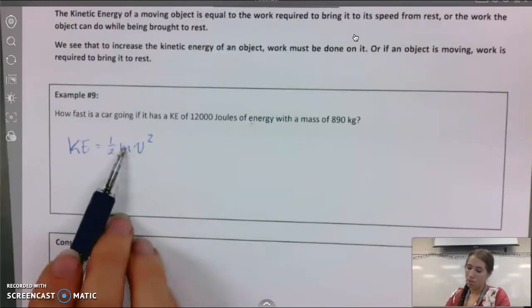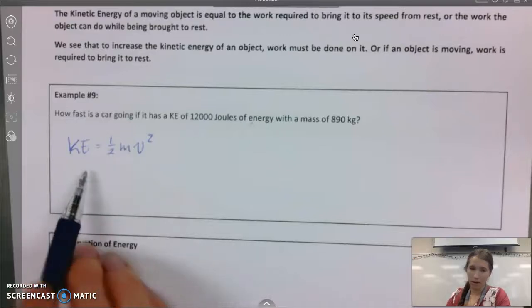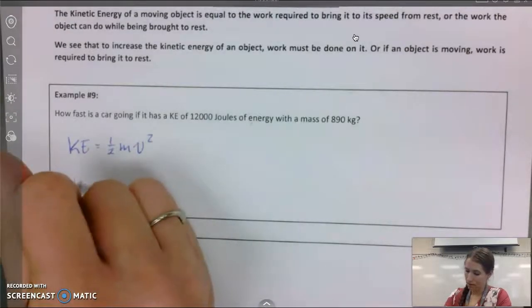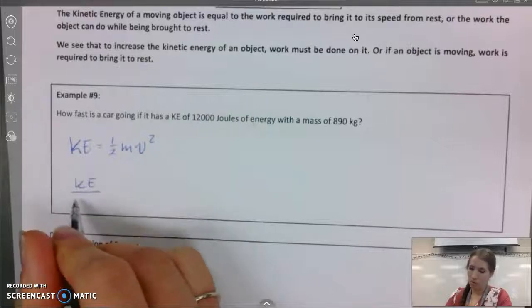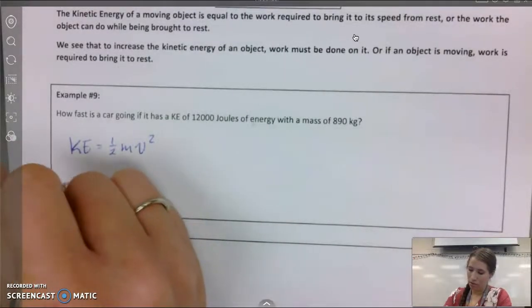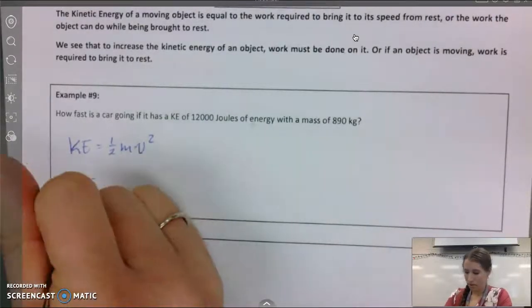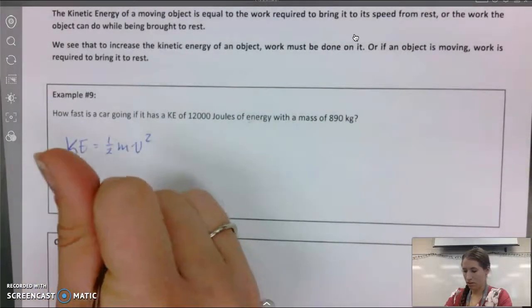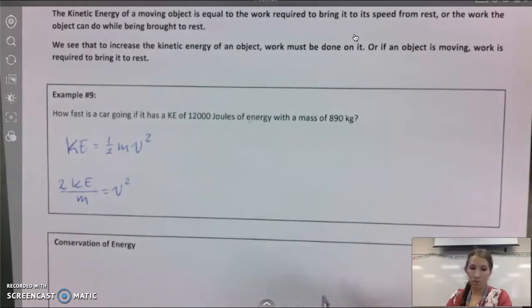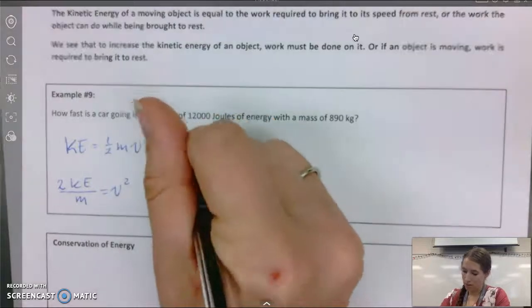So I'm going to start by dividing by m and 1/2. Okay. Now, you can write this either way. You could do 1/2 on the bottom, or you could have 2 on the top, same thing. And that equals velocity squared. And so we'll take the square root of both sides of that equation.